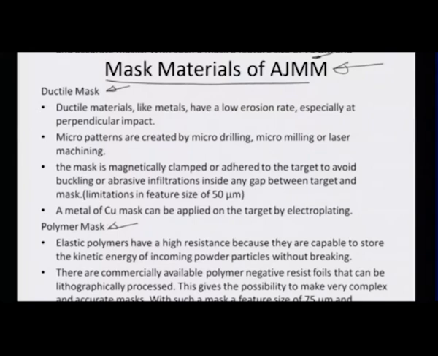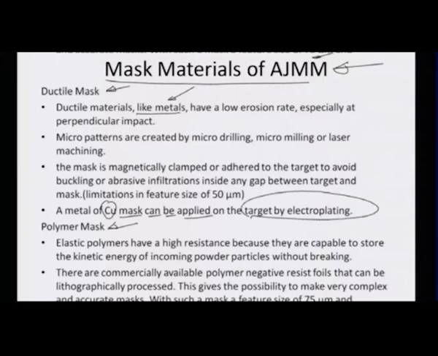In case of ductile materials, let us say metals, very often copper is used as a suitable mask material, and you can take an otherwise photo patterned substrate and use that as a target mask by electroplating the copper on top of that surface.